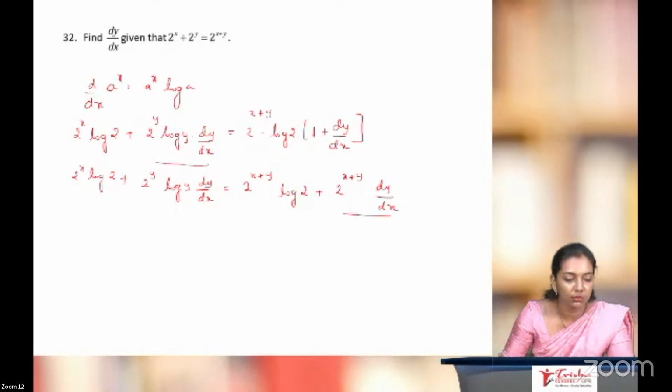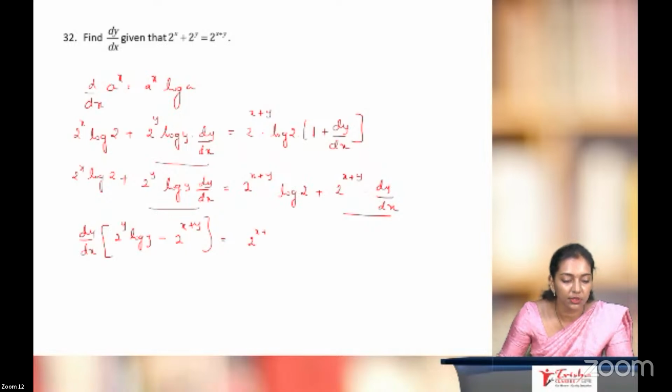Now collect the dy by dx terms to one side: dy by dx keep out, and the term 2 to the power y log 2 minus 2 to the power x plus y log 2 remains. Then 2 to the power x log 2 goes to the right hand side.